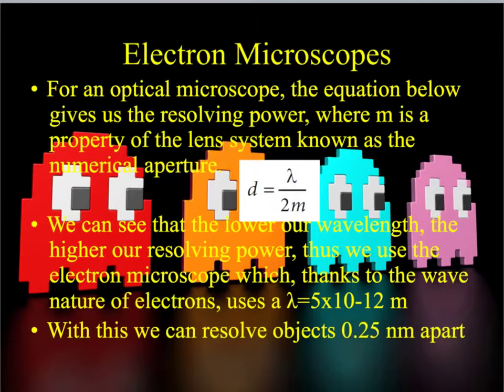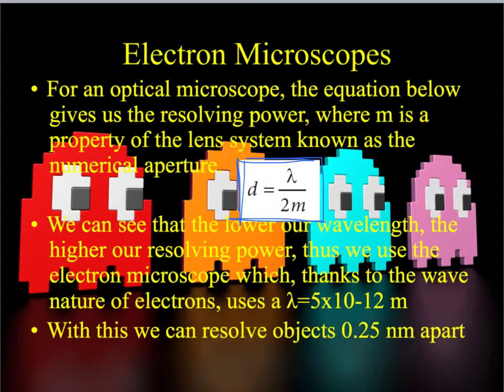For microscopes, we actually have a slightly different equation that we can use, and again, D, where D is our resolving power, is equal to lambda over 2m. And in this equation, m is a property of a lens. It's a constant for a lens, and it's called the numerical aperture. And that's really all you need to know about that at this point.